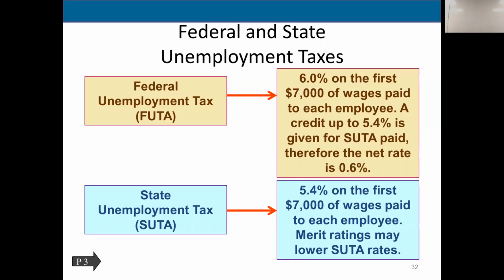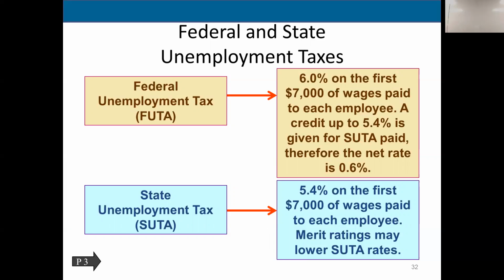Your state government, the unemployment agency, each year is going to send you a merit rating. And this merit rating is going to be based on factors such as how long you've been in business, the amount of your payroll, and, most importantly, what are the claims against that payroll? If you've ever heard stories of employers disagreeing with employees over entitlements to unemployment insurance, this could be why.